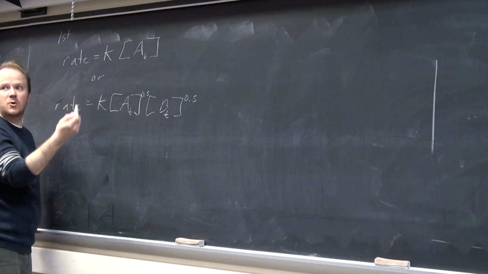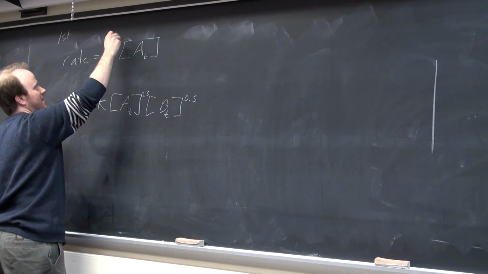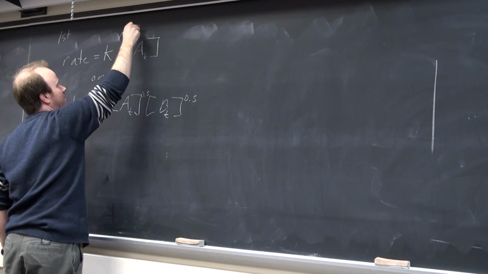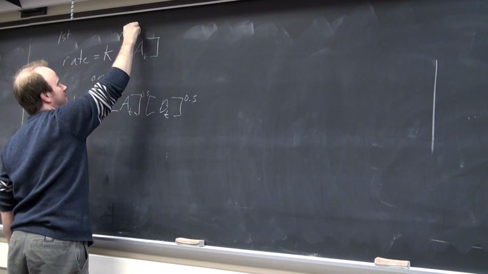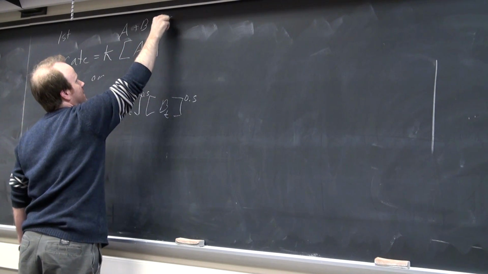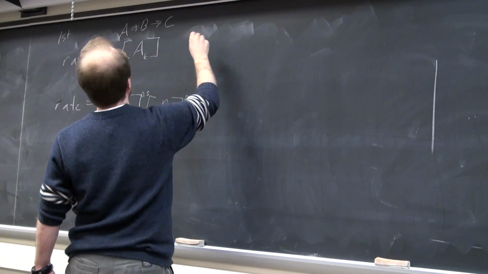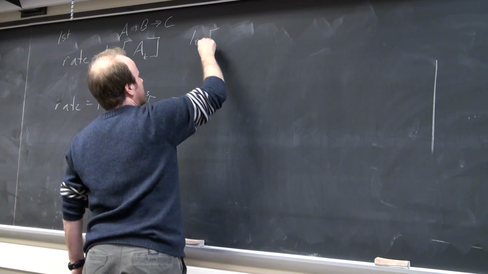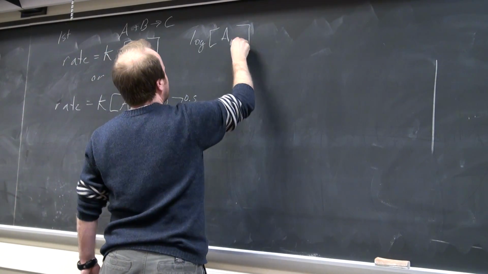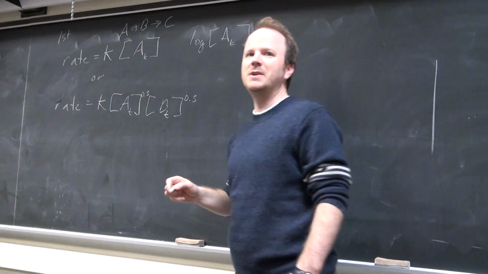So our chemical equation, A plus B goes to C. So we have log A of t. What's A sub t mean?